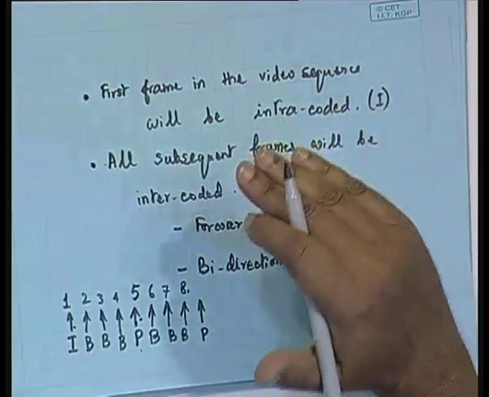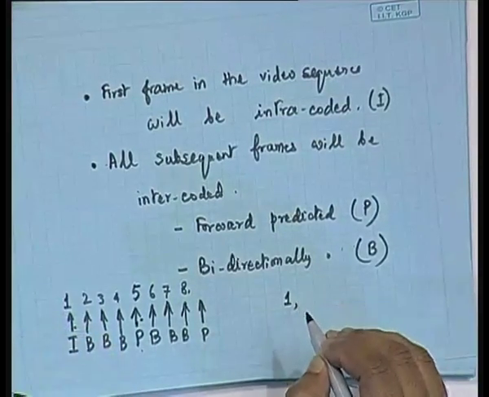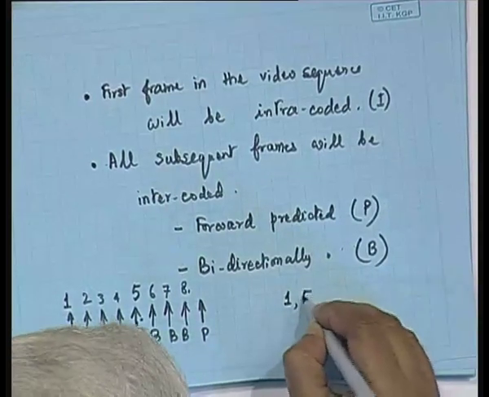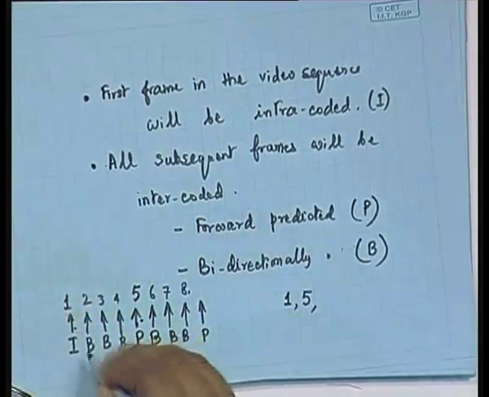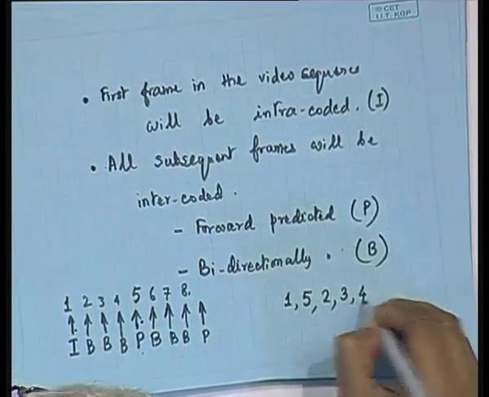This is the total scenario that we would like to encode: frame 1 as I, 2 as B, 3 as B, 4 as B, 5 as P, again 6 as B, 7 as B, like that. But the frames are not encoded in the correct order, because first we have to encode frame number 1, then frame number 5, and only when 1 and 5 are encoded is it possible for me to encode 2, 3 and 4.